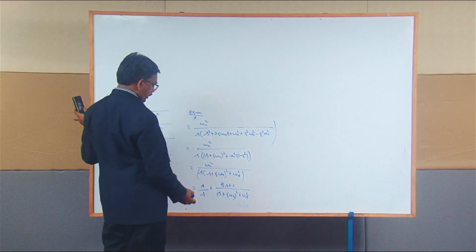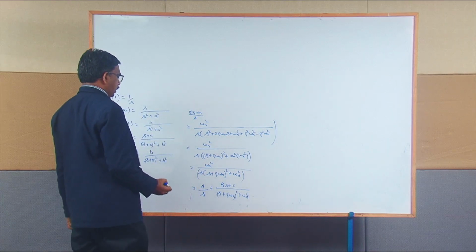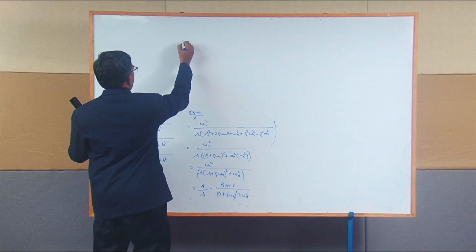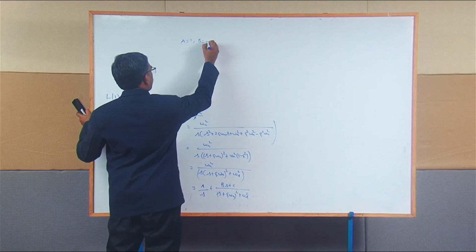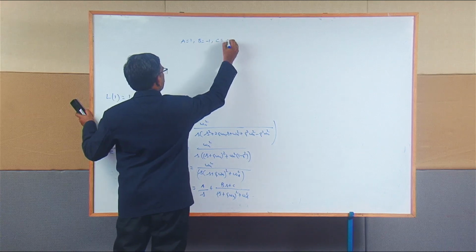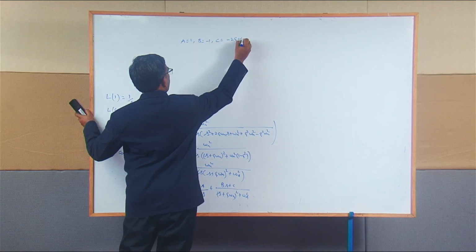Cross multiply and find the values of A, B, C: you will get A equal to 1, B equal to minus 1, C equal to minus 2 zeta omega n.